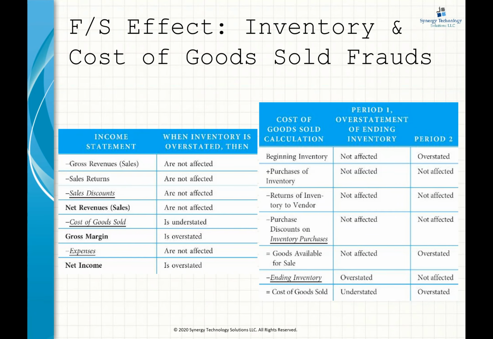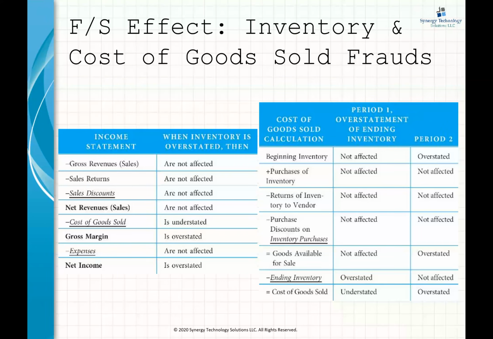If the gross margin is overstated, it doesn't impact the expenses either. So your net income is overstated. If you have the same expenses and you increase your gross margin, obviously your net income is going to be overstated. So that's why they are interested in fudging the inventory number or cost of goods sold number.